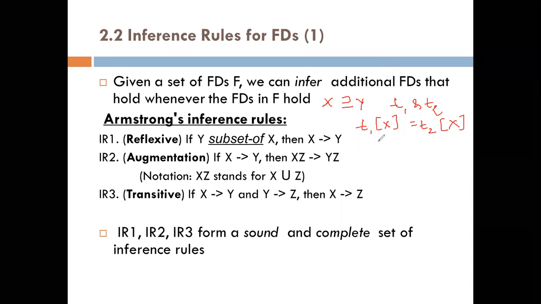Then we can say that t1 of y is equal to t2 of y, because x contains the attribute y. So we can say x determines y. This is only possible when x contains y.